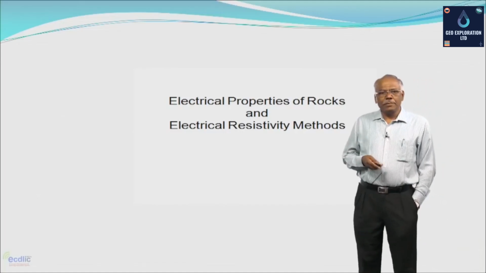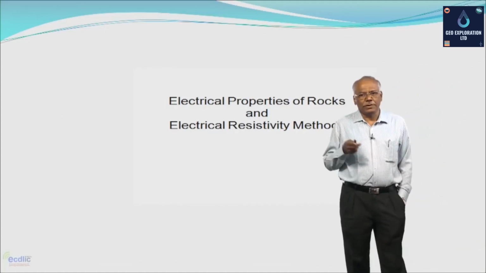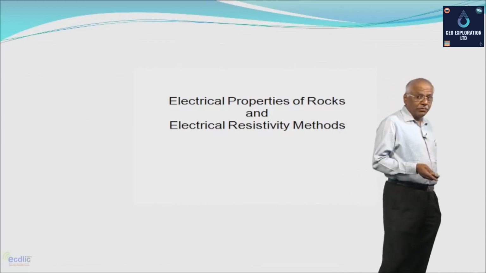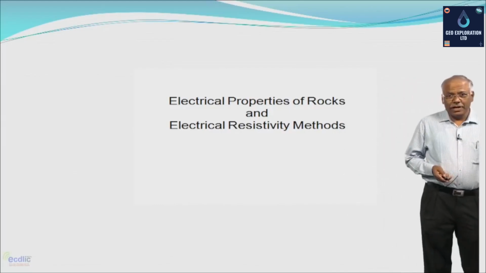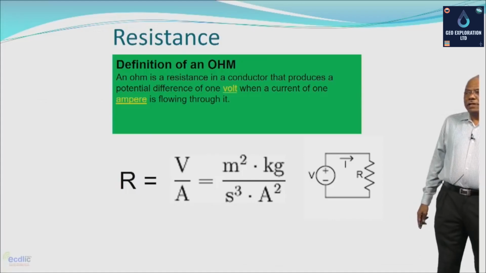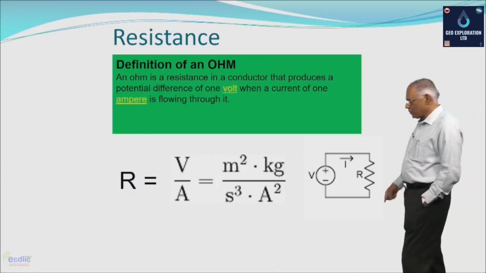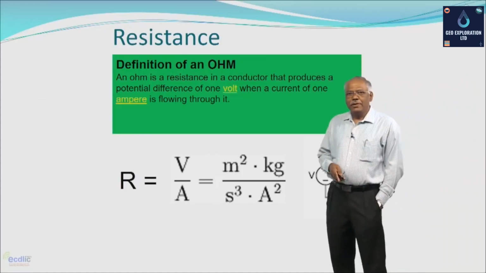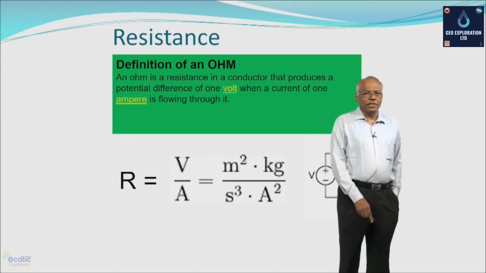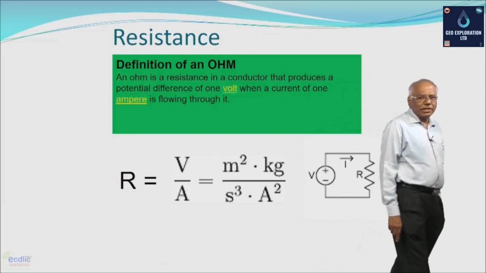There are certain properties of the rocks which we determine by using the electrical resistivity method, and we also need to look at what really are these electrical properties of the rocks. One of the properties is resistance, and what is resistance?